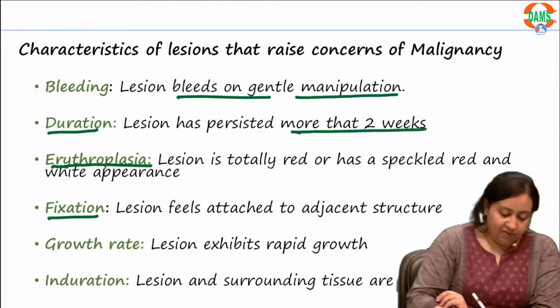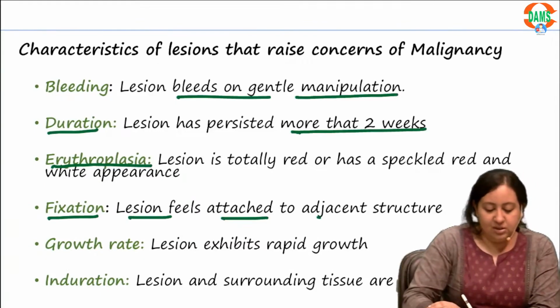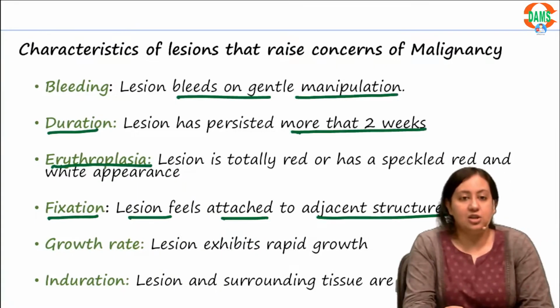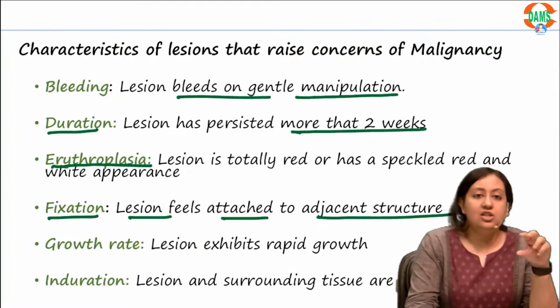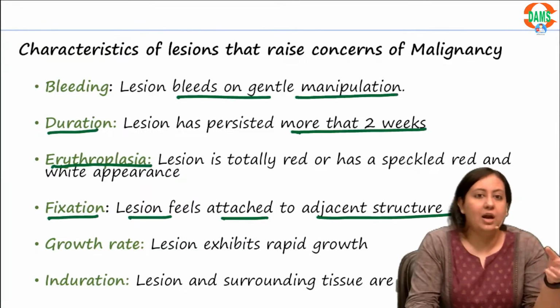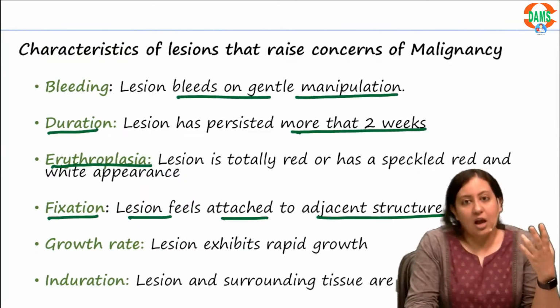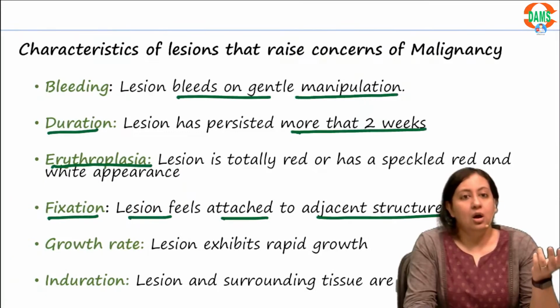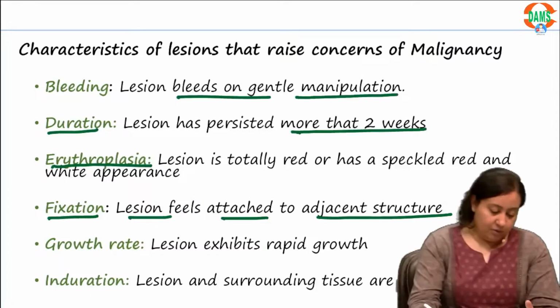Fixation. If a lesion is attached to its adjacent structures or surrounding tissues, if a swelling is fixed and not mobile, then you have to think in terms of malignancy and biopsy the lesion.